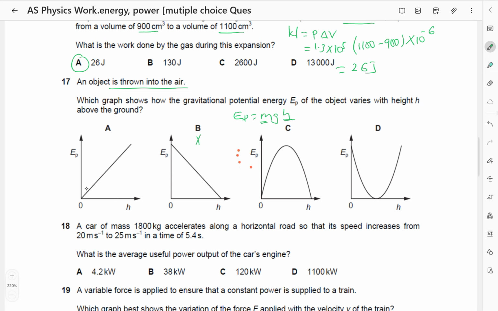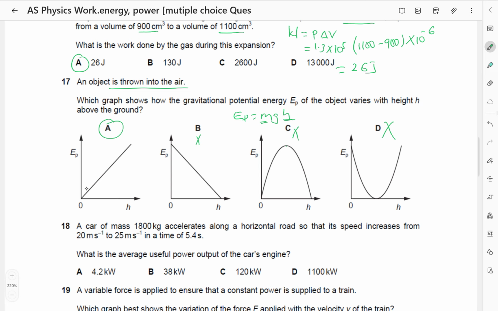This one shows its potential energy increases to a maximum value, then it decreases as h increases, and has a limit, and yet this will not be, of course, true. This one is showing potential energy initially decreases, yet the height is increasing, so this is not going to be true. So the answer is automatically going to be A. Potential energy is directly proportional to h.